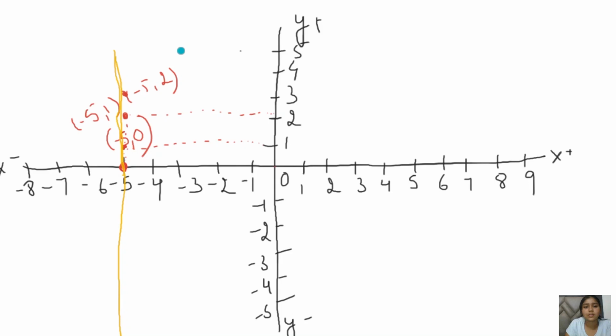This is what I want to show you, people. So how can we draw a line which is parallel to the y-axis or the x-axis? If the line is drawn horizontally, then we can say that it is parallel to the x-axis, right?